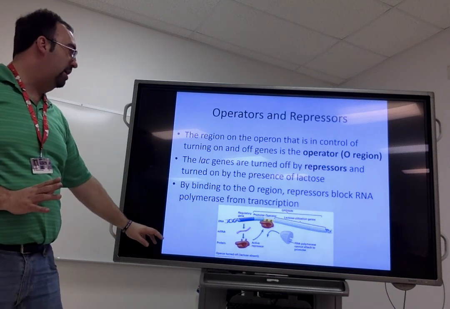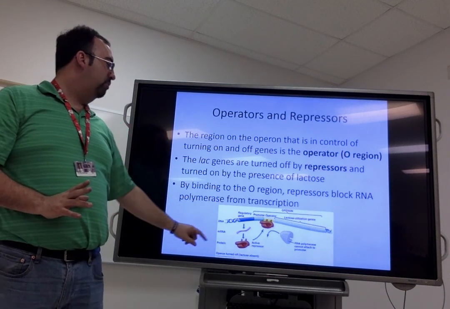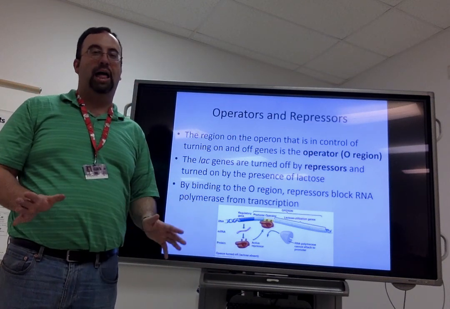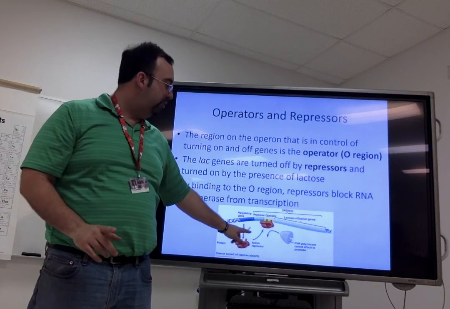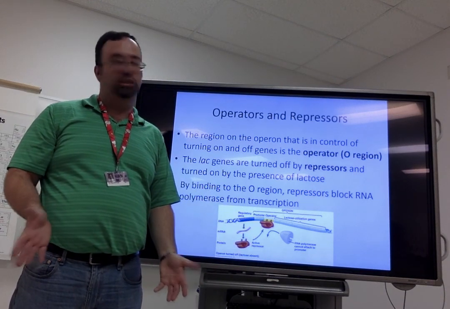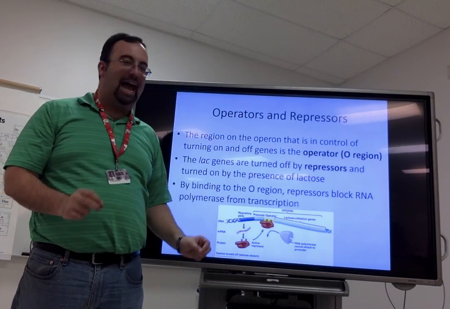If we look down here at the picture, the repressor is present in the case where there's no lactose, and notice that the repressor binds directly into the operator region, or the O region, and so it prevents the RNA polymerase from attaching to the promoter.